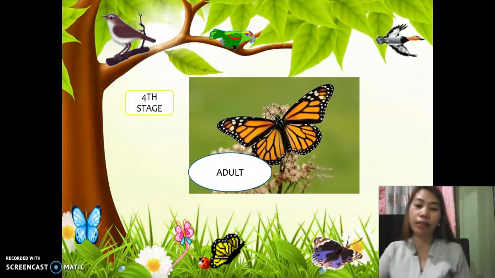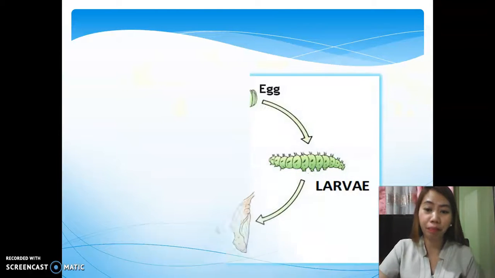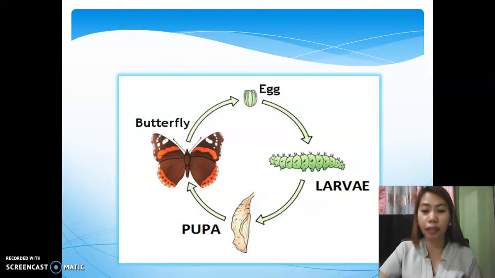Okay, the adult stage. No? Okay, so now that we have identified the life cycle of a butterfly, let us see again how it goes. So it first goes with an egg, then turns into a larva or caterpillar, then turns into a pupa. After going out of its cocoon, it becomes a large or adult butterfly.